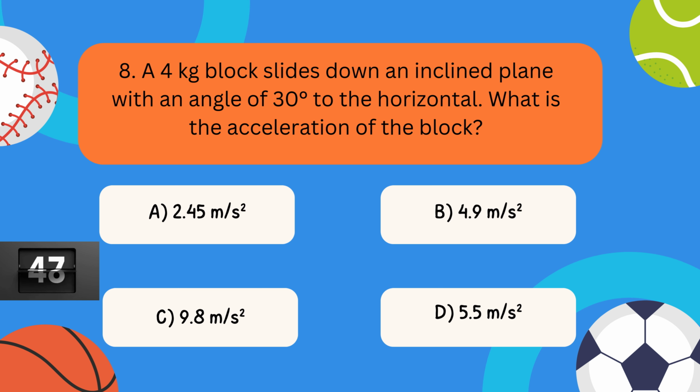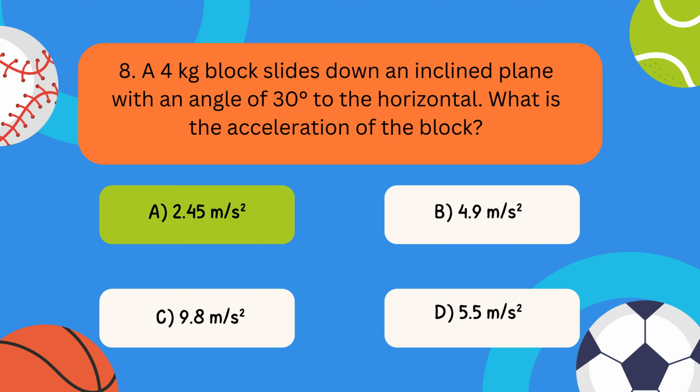Options are 2.45 meters per second squared, 4.9 meters per second squared, 9.8 meters per second squared, 5.5 meters per second squared. Correct answer is 2.45 meters per second squared.